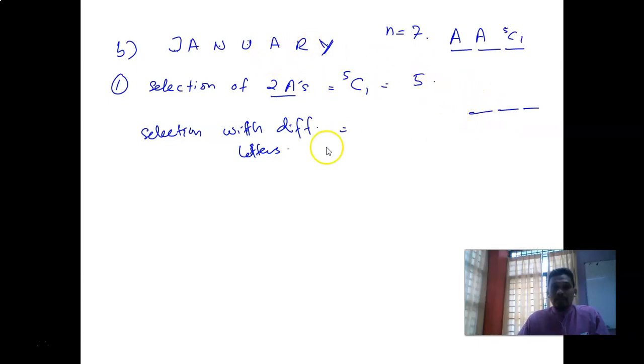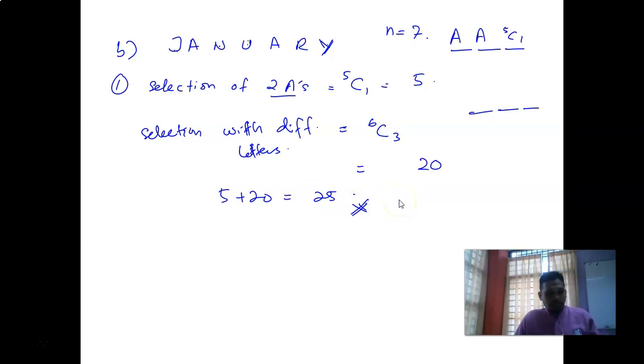So 6C3, and arrangement is not important because we only need to choose 3 out of 6. This comes out with 20. So the number of selections here is 5 plus 20 equals 25, the number of ways to select 3 letters from the word January.